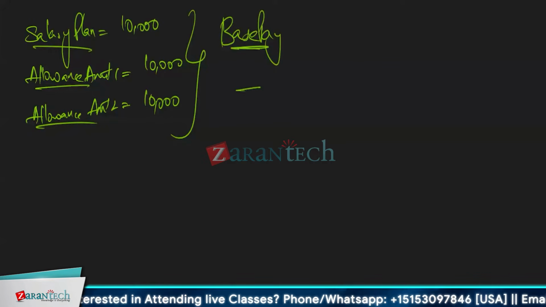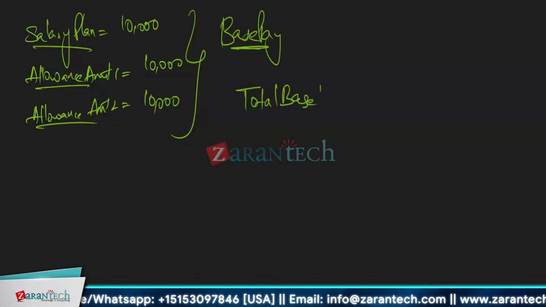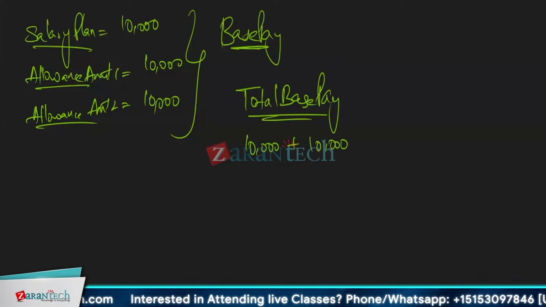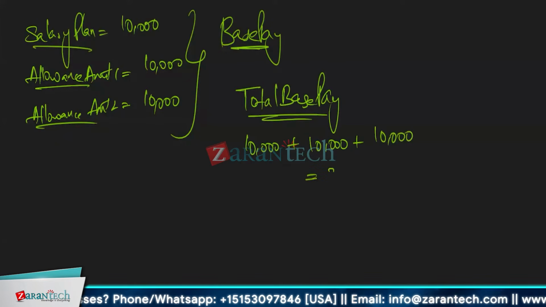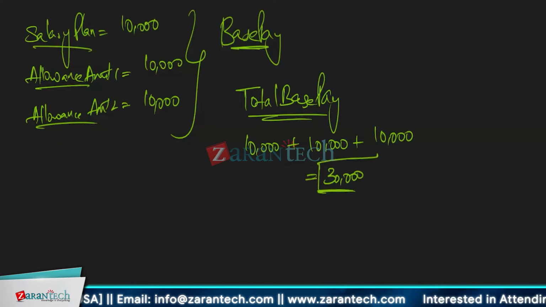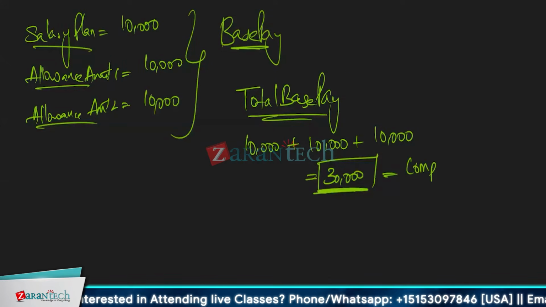What will be the total base pay? Total base pay will be 10,000 plus 10,000 plus 10,000, so total base pay will be 30,000. So the comp basis is 30,000 here.